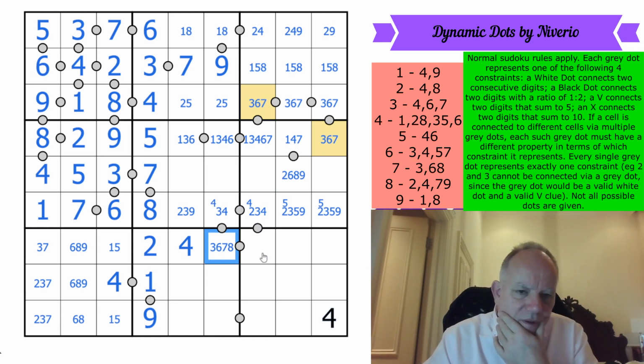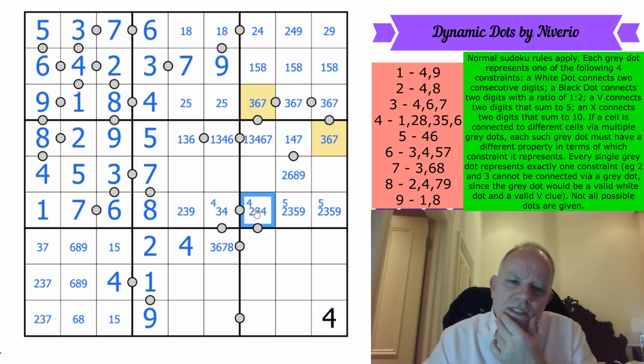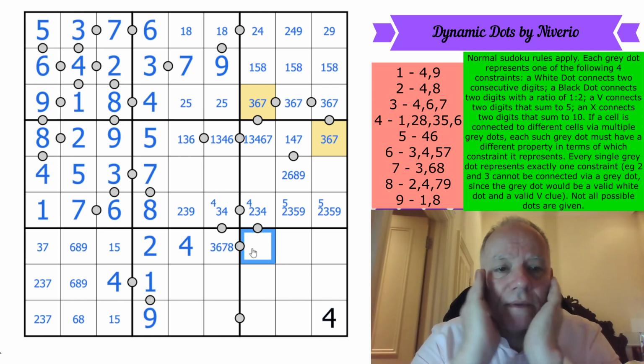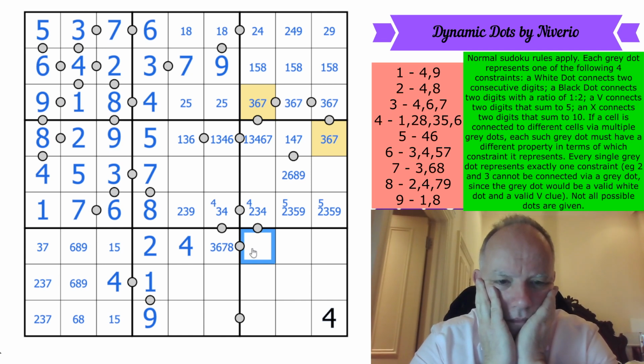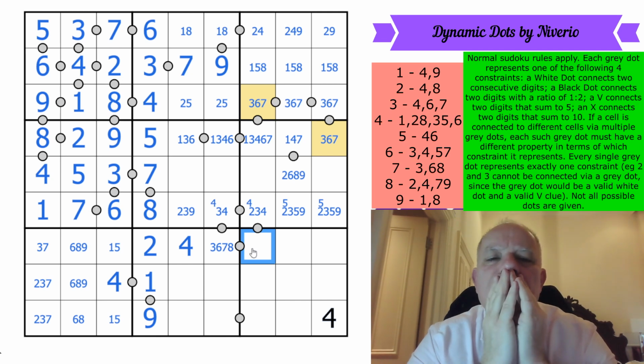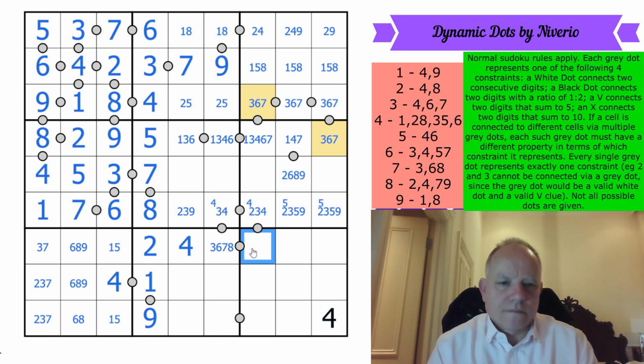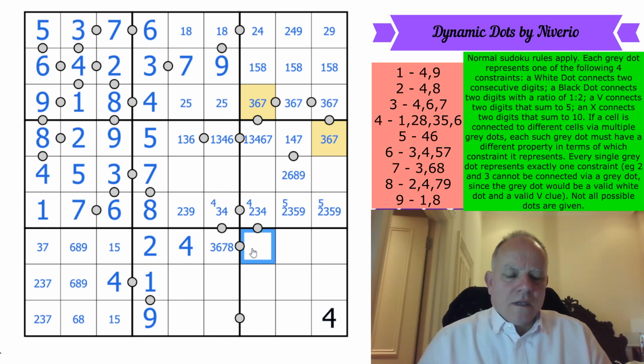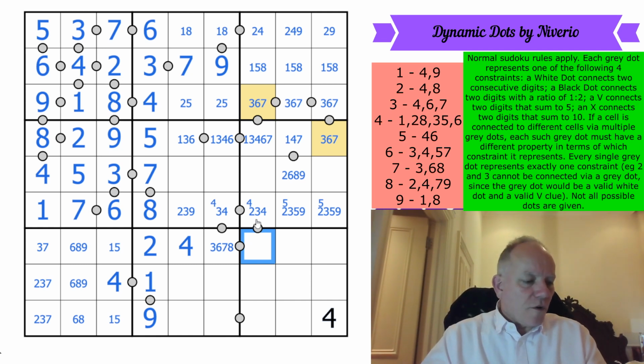Bother. This is 2, 3, or 4. Oh, this is doing my head in. 2, 3 or 4 connects to either 8.